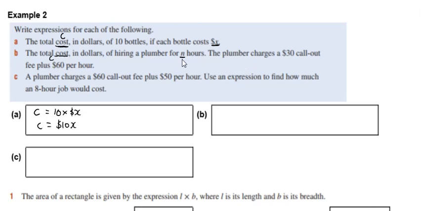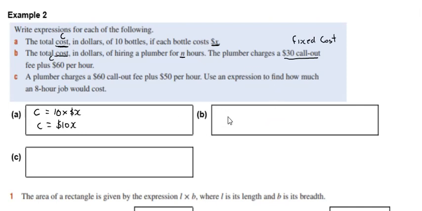We have N as the number of hours, and we have $60 per hour, which is similar to part A. We've also got this call-out fee. Now that is a fixed cost. We call it a fixed cost because no matter how many hours or minutes the plumber is called out for, we're charged $30. No matter what happens.